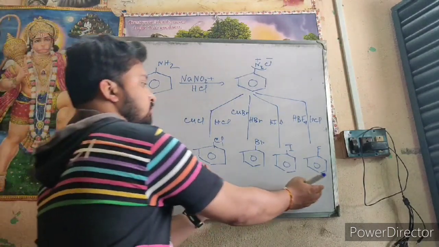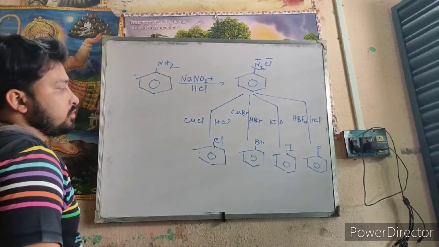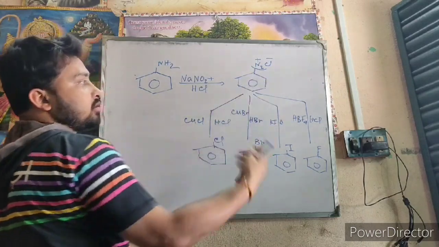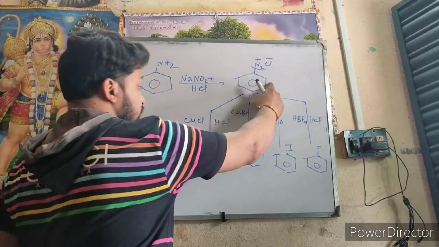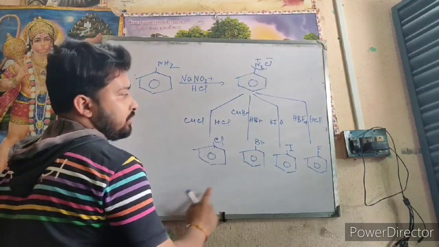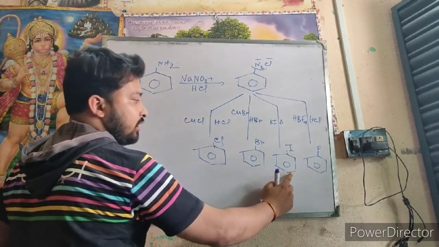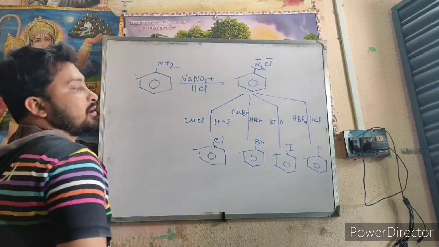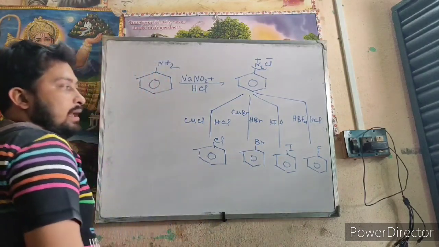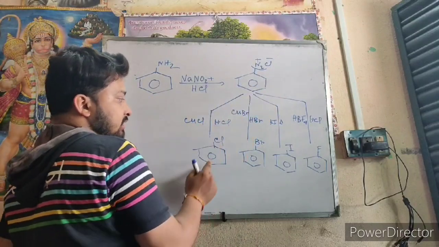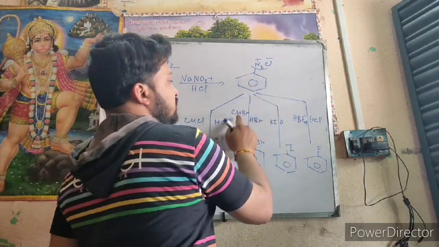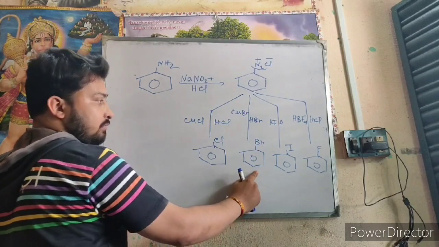So I know you have already understood why this compound is called the mother compound, because from here you can prepare fluoroarenes, iodoarenes, bromoarenes, chloroarenes, all the forms of haloarenes. If you use CuCl and HCl, you get chlorobenzene. If you use CuBr and HBr, you can form bromobenzene.